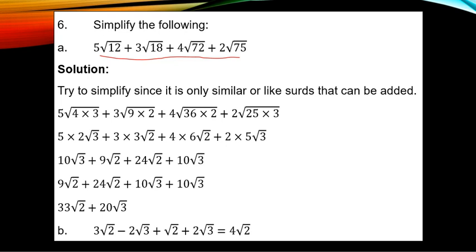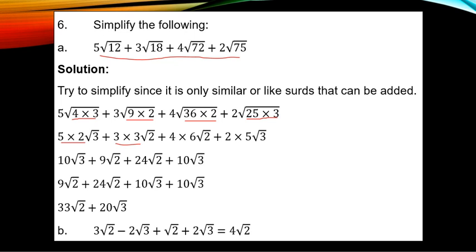So for 12 you have 4 times 3. For 18 you have 9 times 2. For 72, 36 times 2. 75, 25 times 3. Square root of 4 is 2, so you have 5 times 2. Square root of 9 is 3, so you have 3 times 3, root 2.